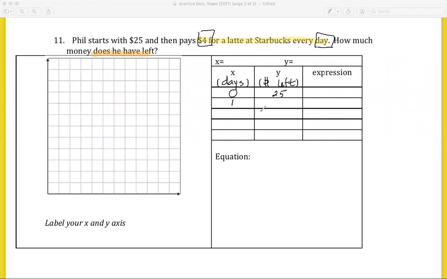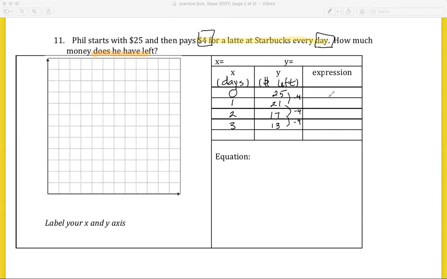After 1 day, we're going to take $4 away from his 25 to pay for that latte we know he's going to buy. After 2 days, he loses another $4 and he's down to 17. After 3 days, he loses another $4 and he's at 13.